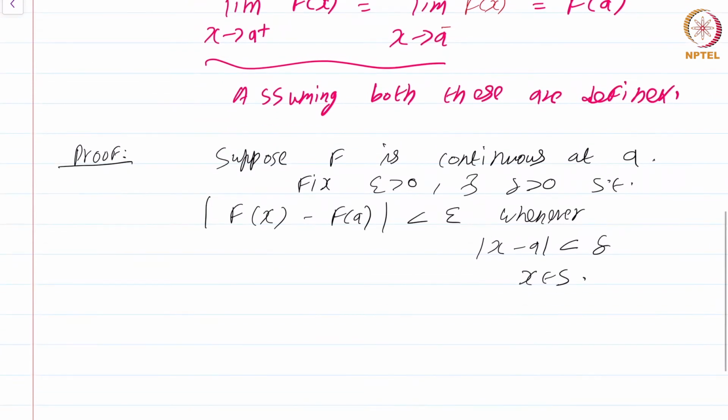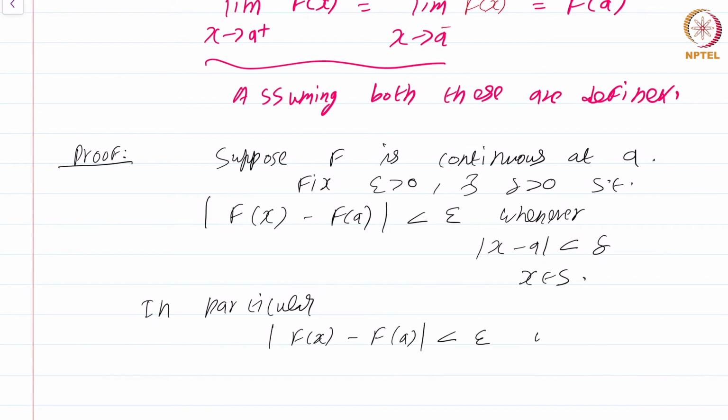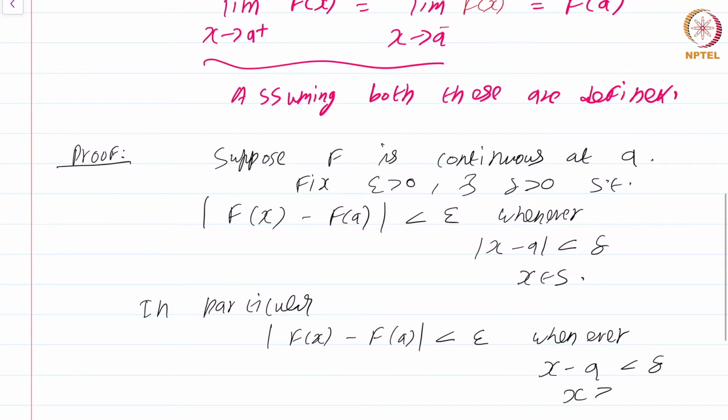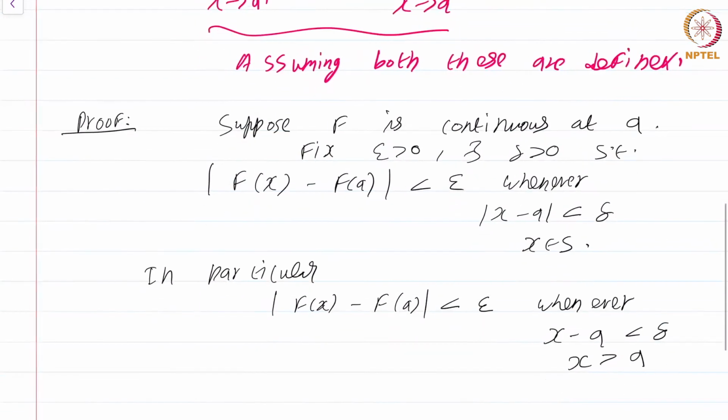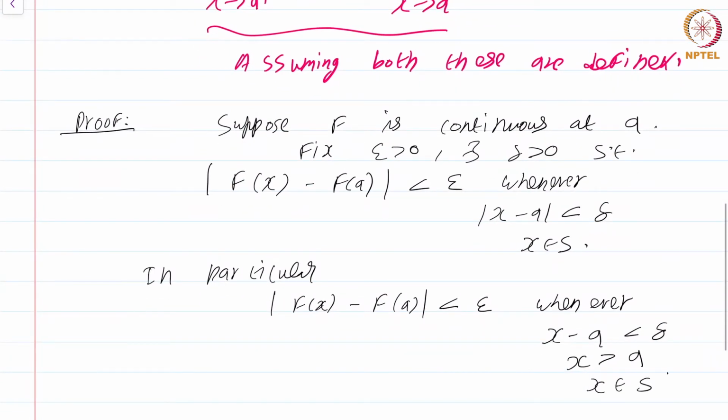In particular, mod f of x minus f of a is less than epsilon whenever mod x minus a is less than delta and x is greater than a and x coming from S, right?